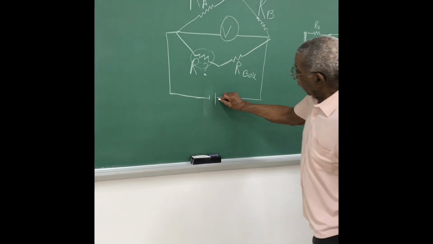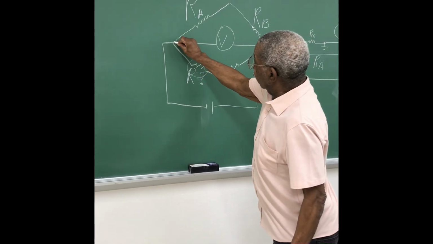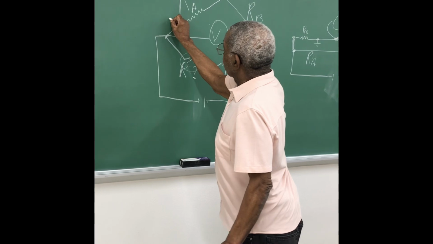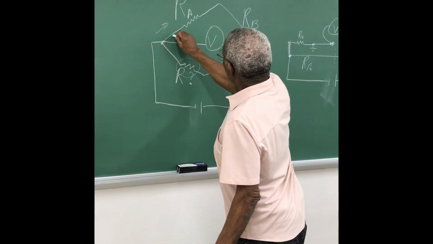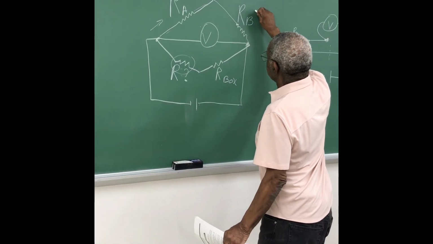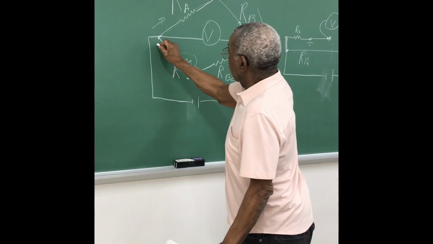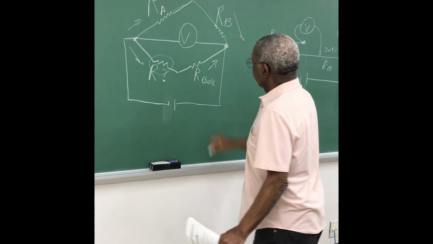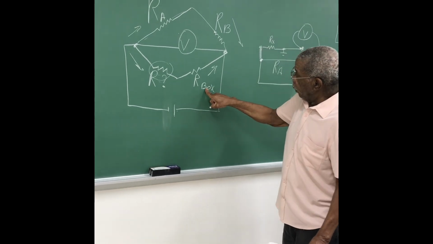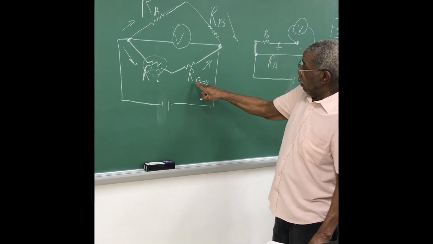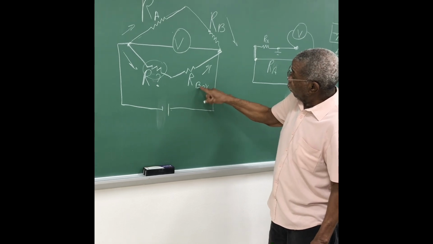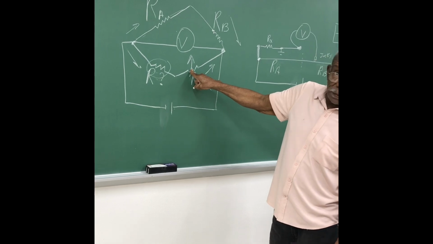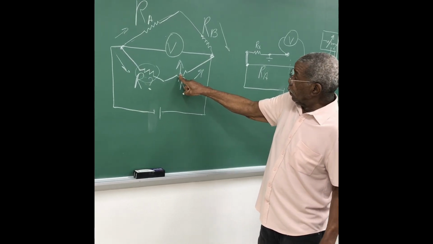We have our battery hooked to the bridge, and we'll have current flowing through these two resistors, and also through these two resistors. And this resistor here, which we'll be using a resistance box for, will be a variable resistor, sometimes called a potentiometer.